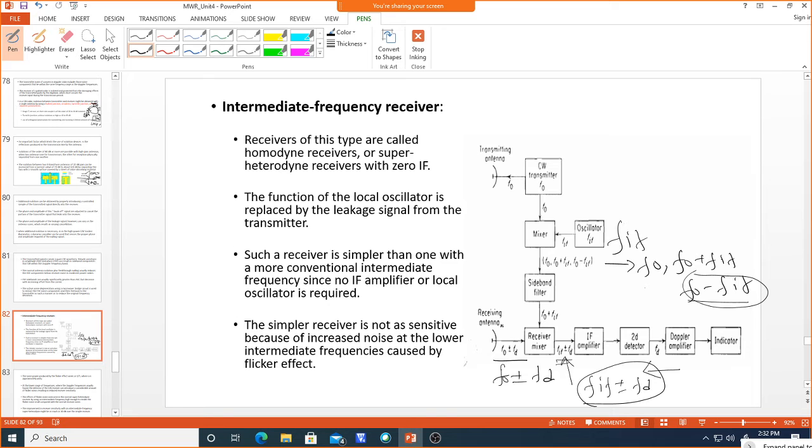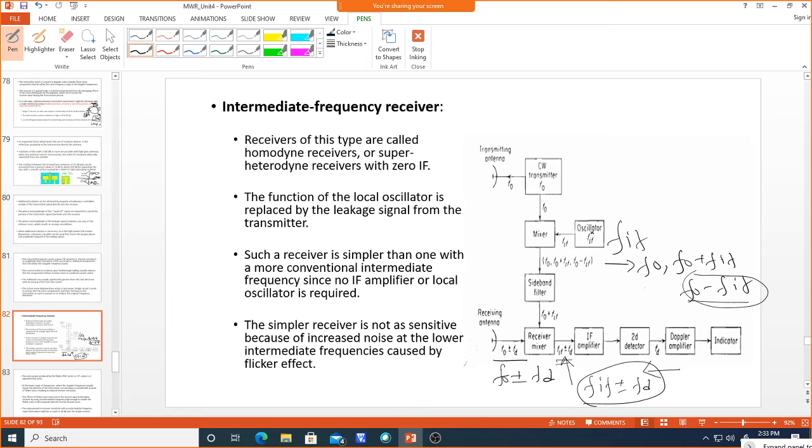because there are two different sections, a transmitter section and a receiving section, and two antennas are used, and it is called 0 IF. Since here a mixer is used, instead of directly a low noise amplifier or IF amplifier as in a general radar block diagram, that will be called 0 IF. The function of the local oscillator is replaced by the leakage signal from the transmitter.